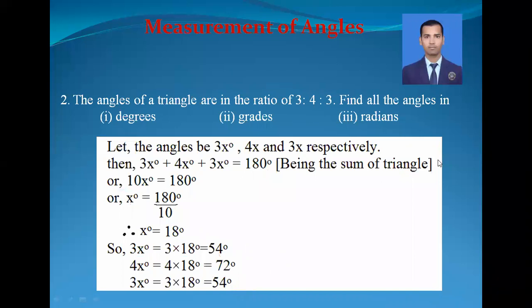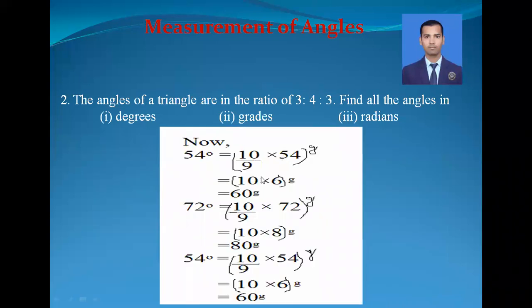In the same way, we solved the first one. Now we are going to find such angles in grade. So for that, we have here 54 degree that we have found already.